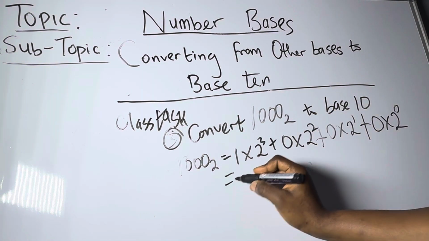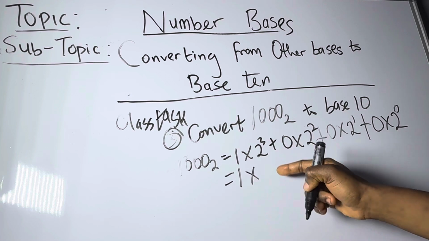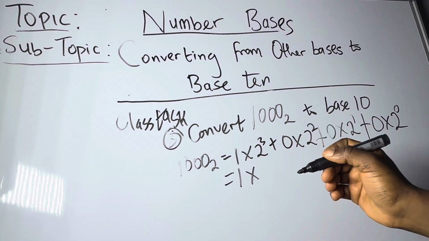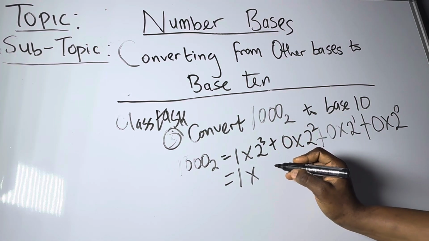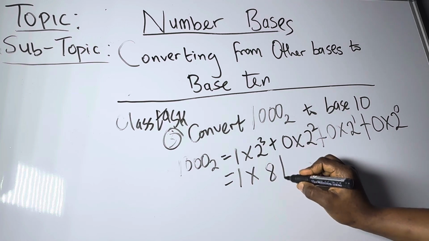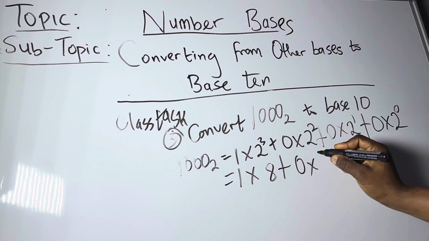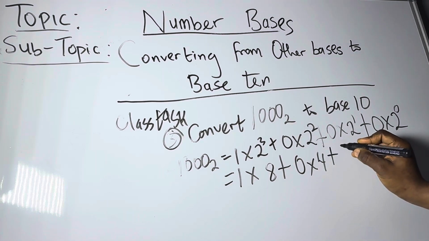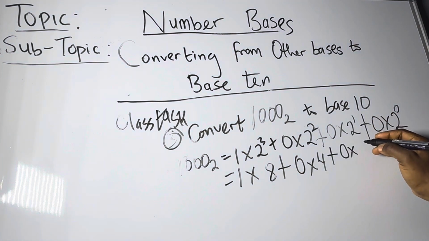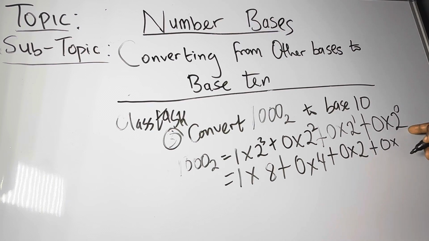Now we have 1 multiplied by 2 raised to power 3, which is 8, plus 0 times 2 raised to power 2, which is 4, plus 0 times 2 raised to power 1, which is 2, plus 0 times 2 raised to power 0, which is 1, because anything raised to power 0 is 1.